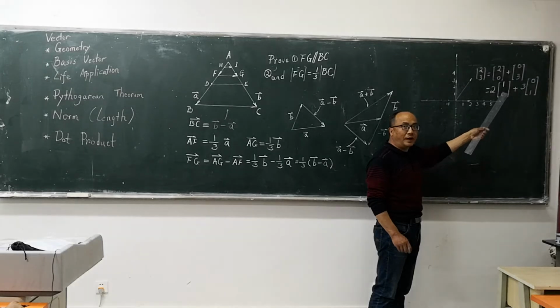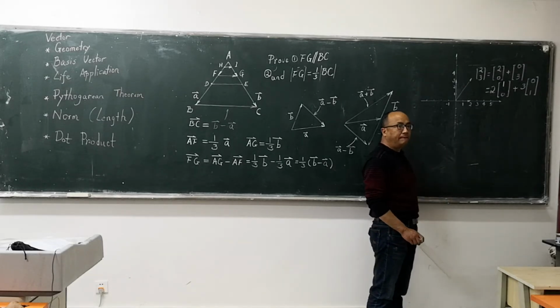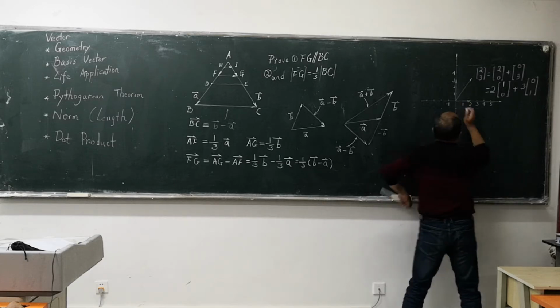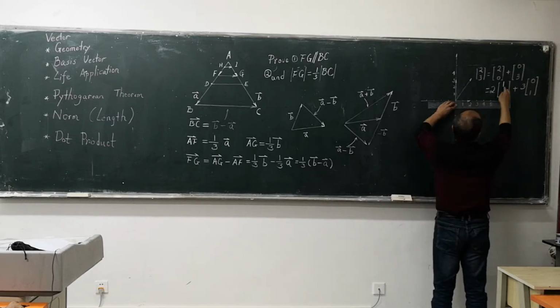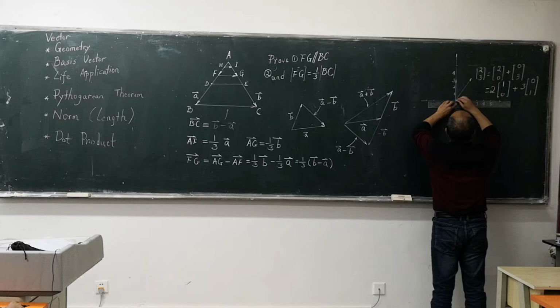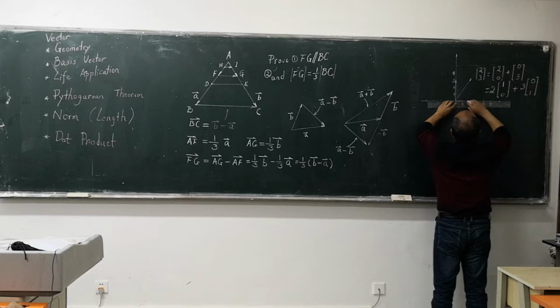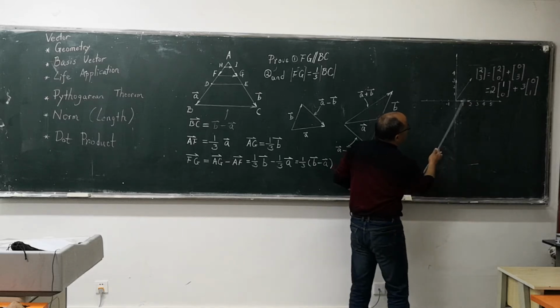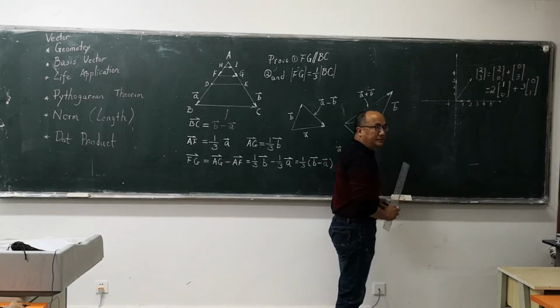(1, 0)? Where is the (1, 0)? Left, right. Where is this vector? I make it thicker. This one is a (1, 0).